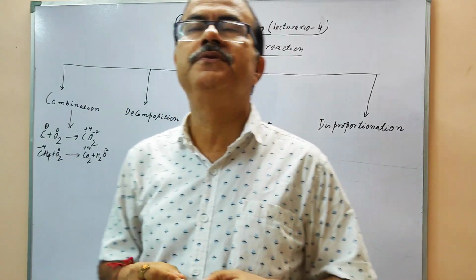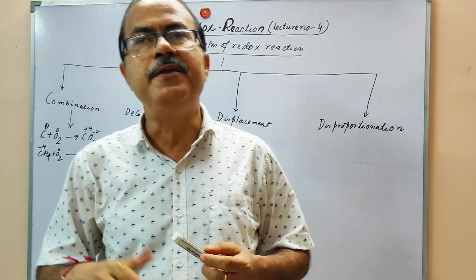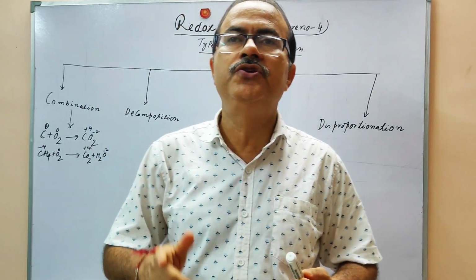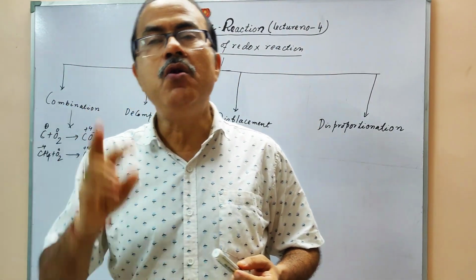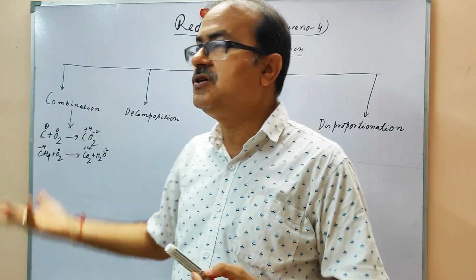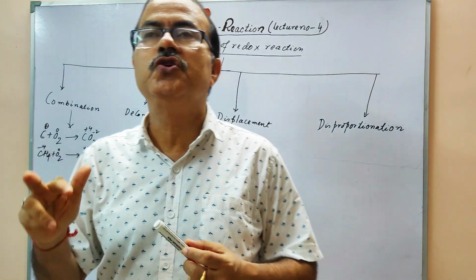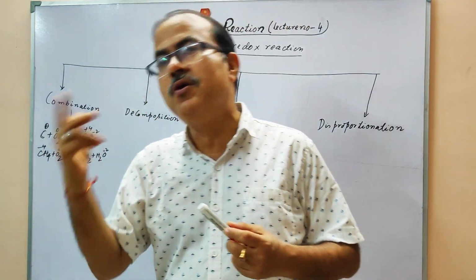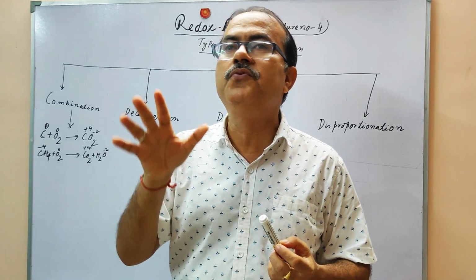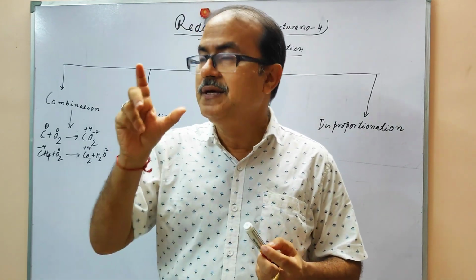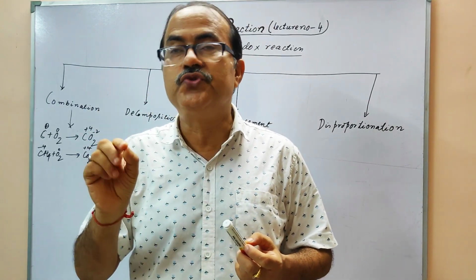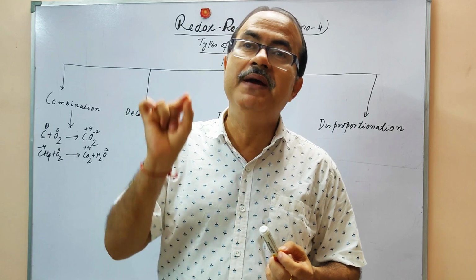In a decomposition reaction, you will observe that a molecule has been broken into two or more components, and one of the main conditions is that one of those components will be in the elemental state. As in the combination reaction, where one or both of the reacting species will be in the elemental state, in the same way in the decomposition reaction you have to see that one of the products is in the elemental state, otherwise this will not be a decomposition reaction.